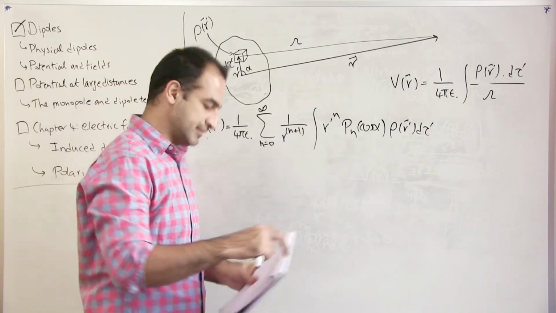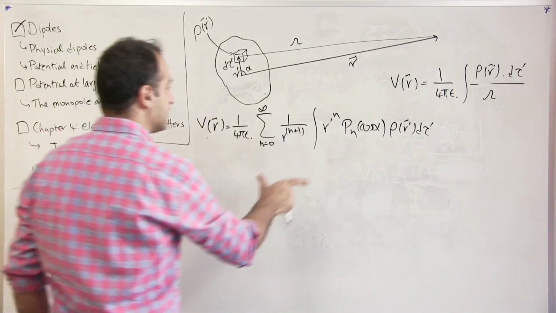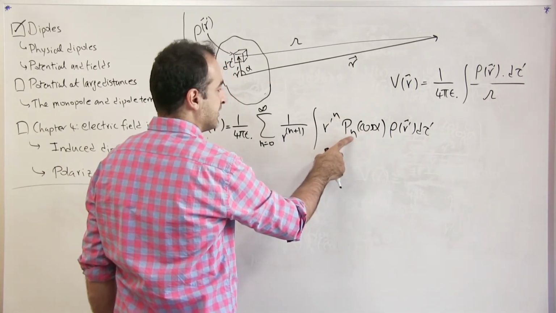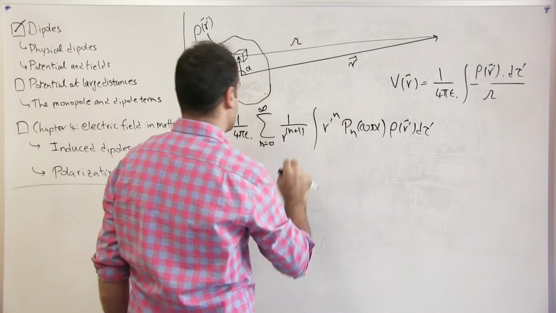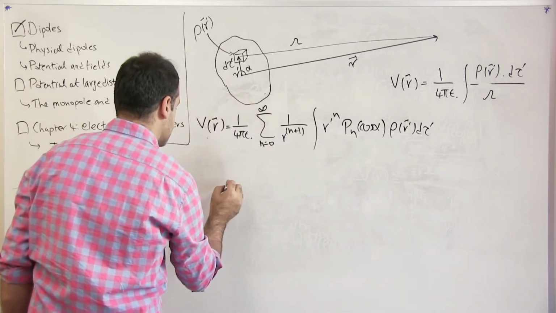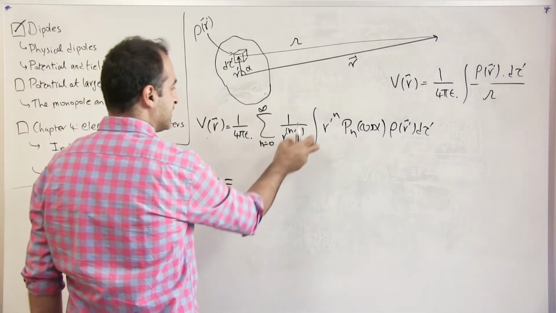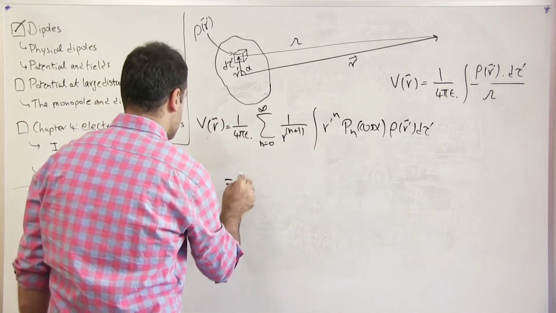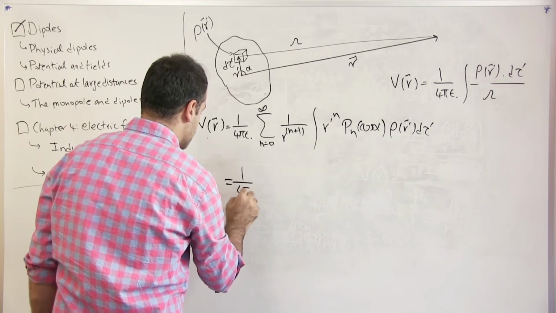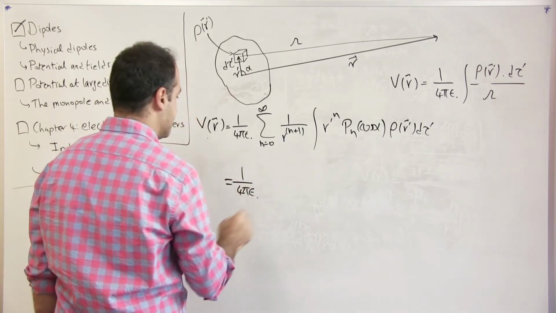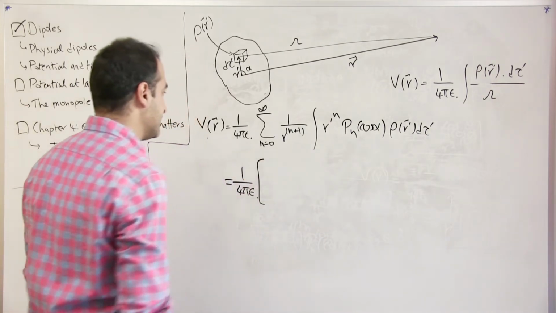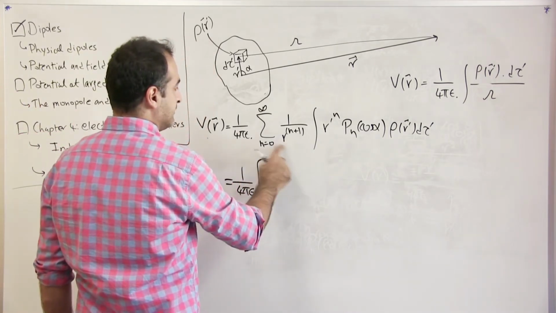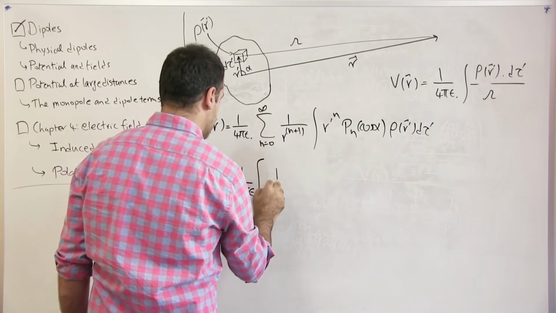Now if you look at the first term, as I said, the Legendre polynomial for n equals 0 is simple. It's just the number 1. I'm trying to expand the first, second, and third terms. So 1 over 4 pi epsilon 0 is what we have here, and I'm going to open a big bracket. If we put n equals 0, here we get 1 over r.